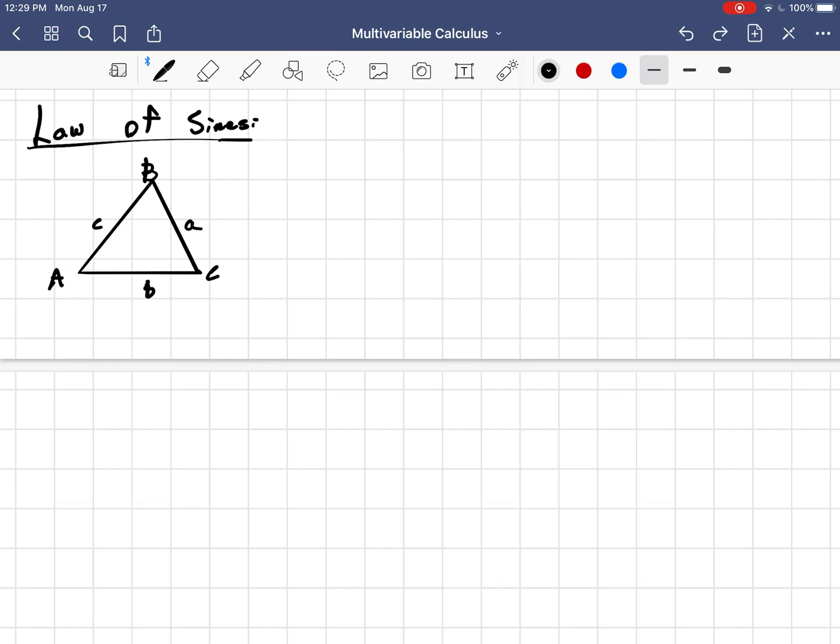So basic geometry, maybe trig, whatever you want to call it, proof or not proof, but formula, is that the area, I shouldn't be using A because I used A for the angle, I'll write it out.